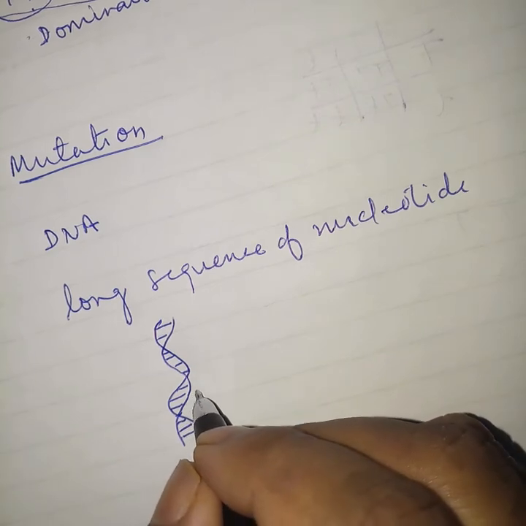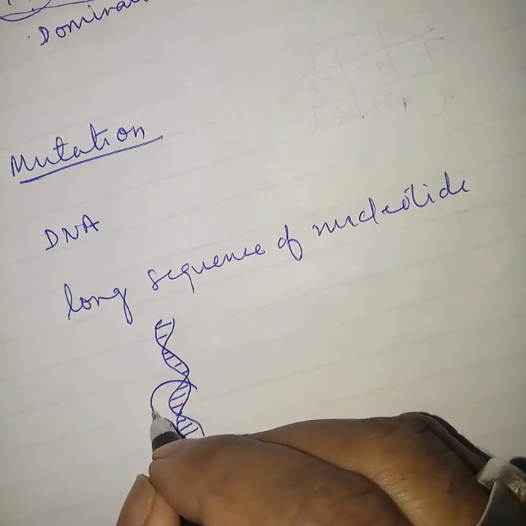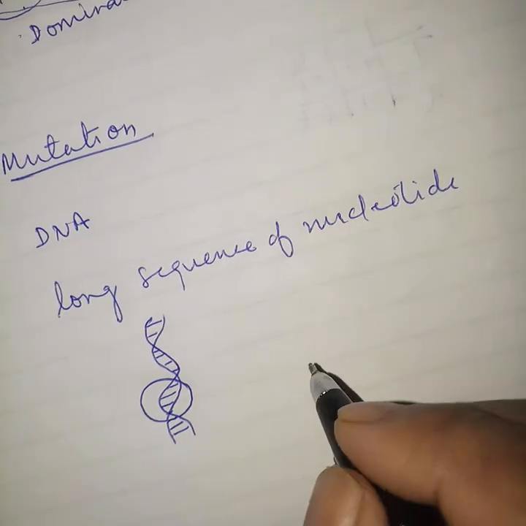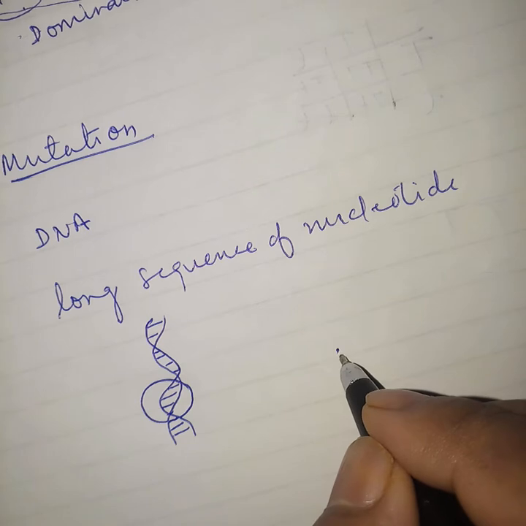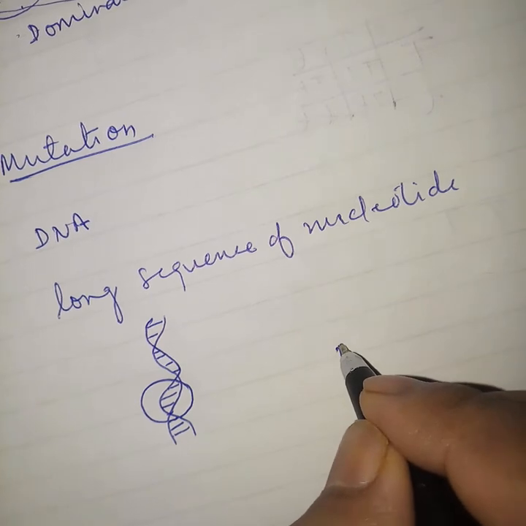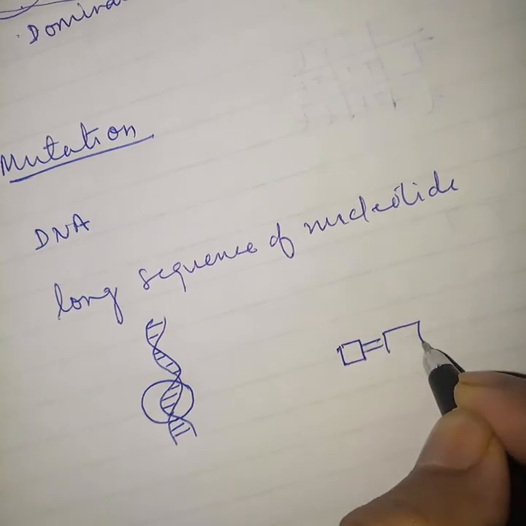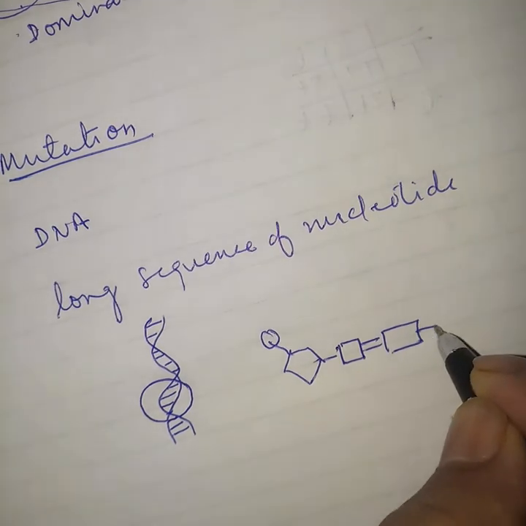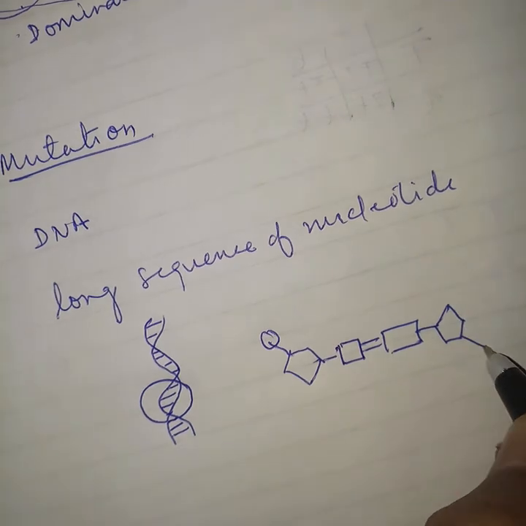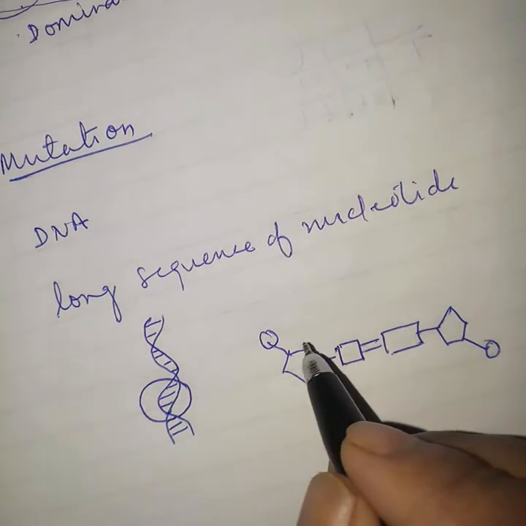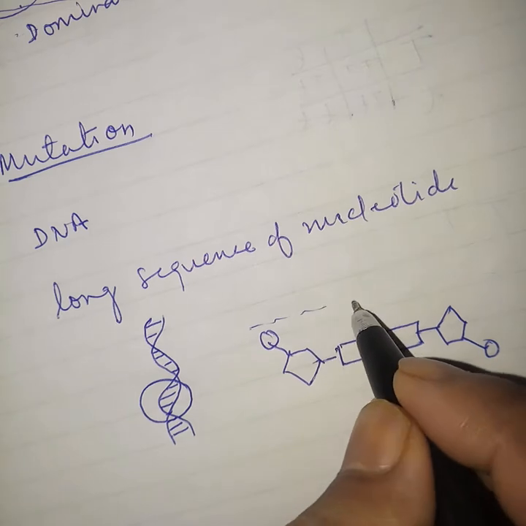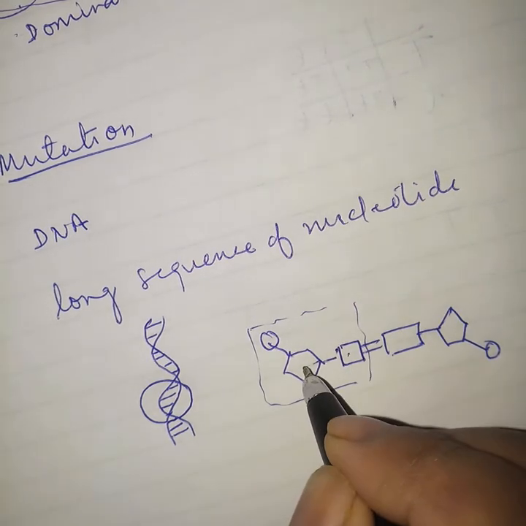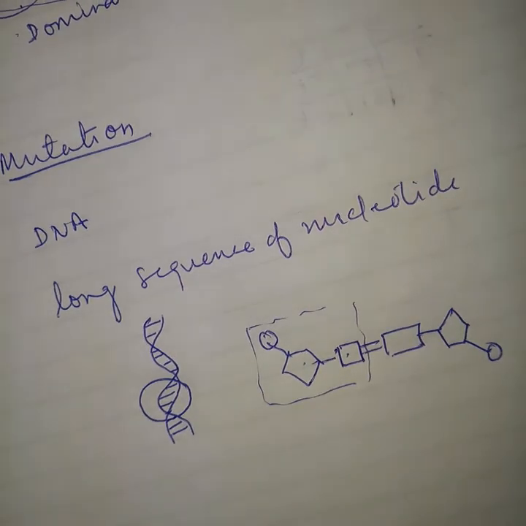When we view DNA under the electron microscope, a single base pair consists of two nucleotide units, and a single nucleotide unit consists of base, sugar and phosphate.